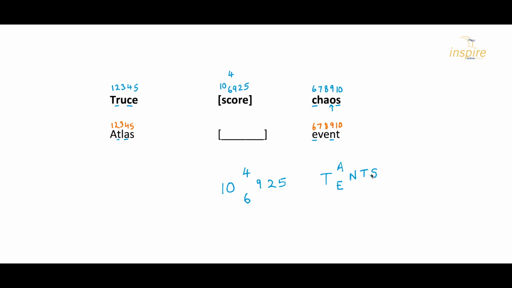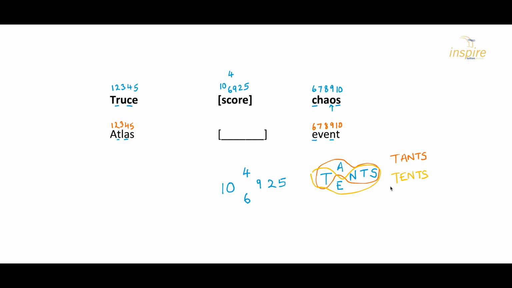So now looking at this, what have you got? So you've got an option of 2 here. You've either got T-A-N-T-S, the word tants, or you've got the word there, which is T-E-N-T-S.